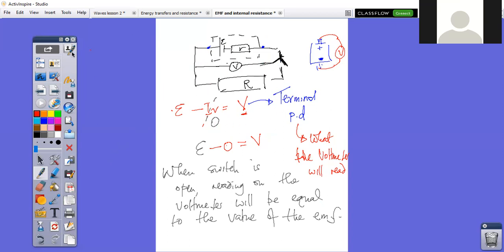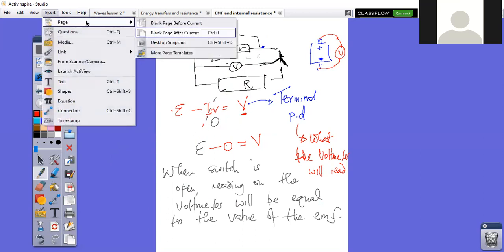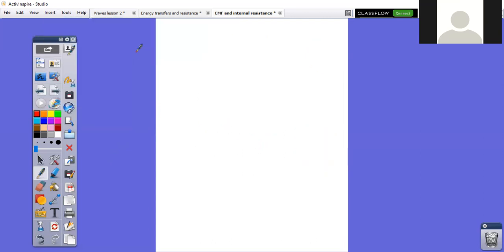Now the next part, now that we know this, what about if we want to work out what the internal resistance is? So let's just insert page after current. Let's look at how this relates to, say, if we wanted to obtain a graph. So we know that E minus IR equals V. It's a key point.